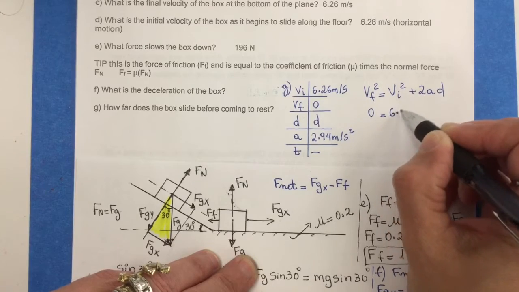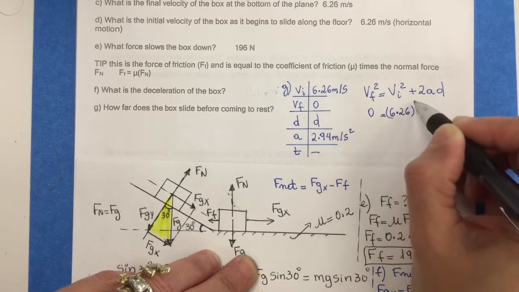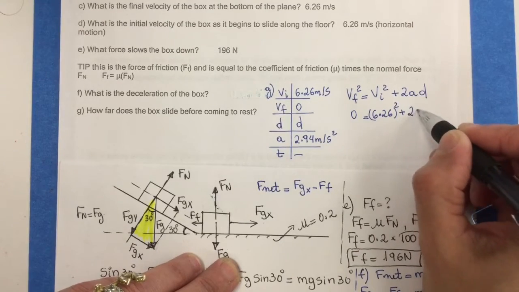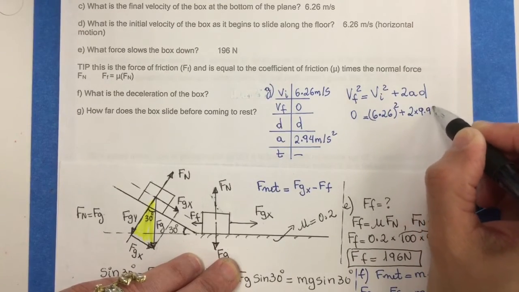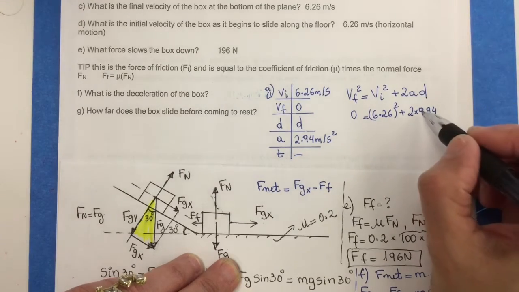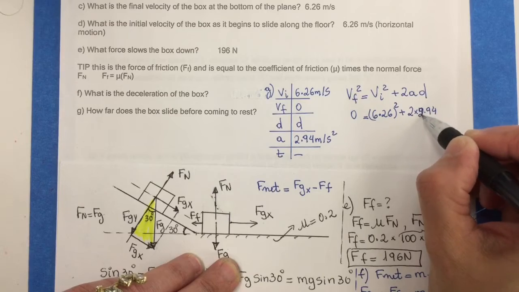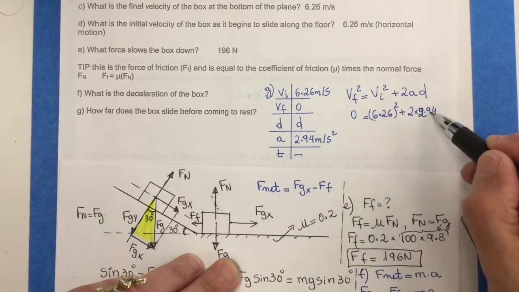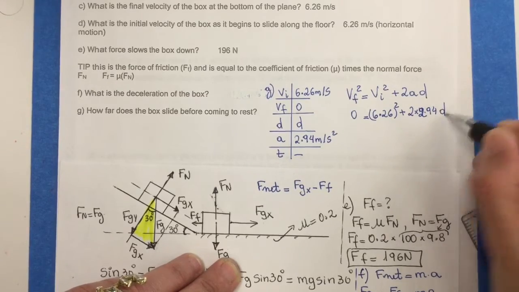Vi is 6.26 squared, plus 2 times 2.94 d.